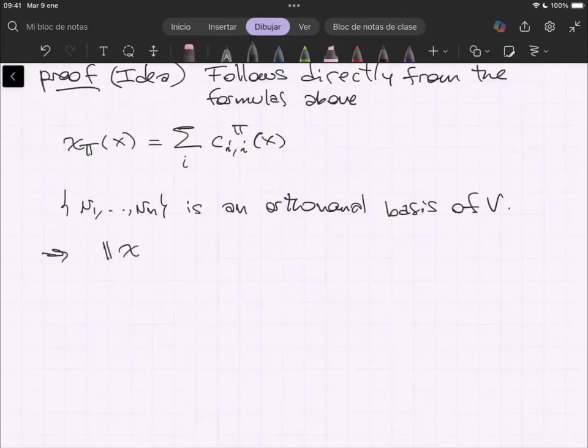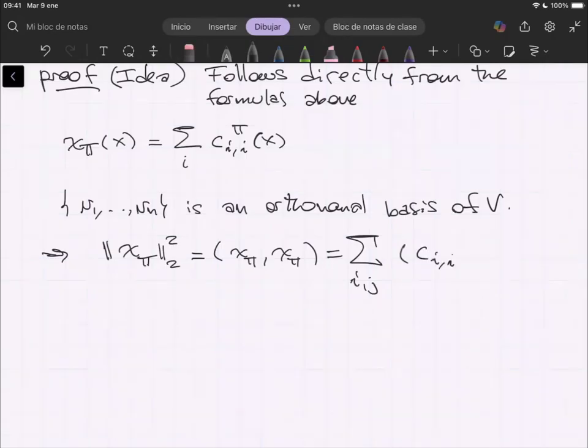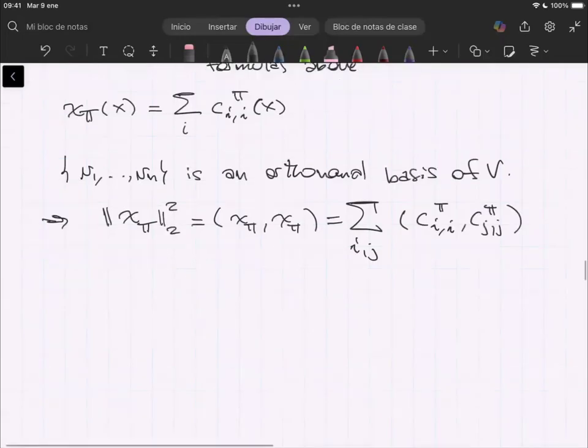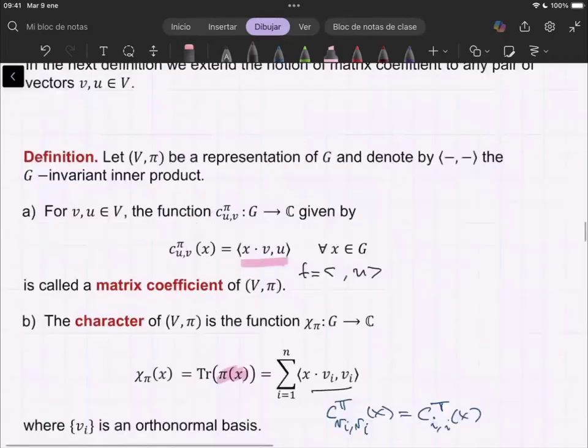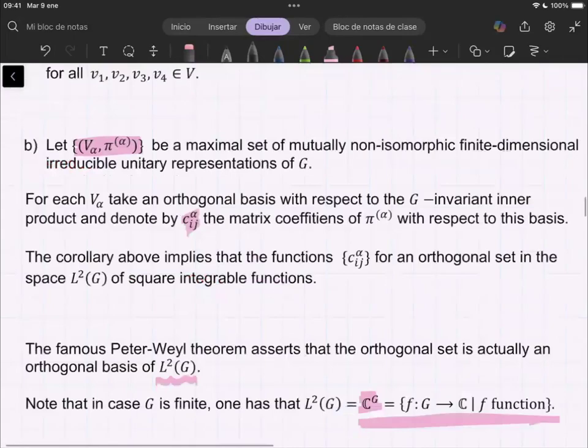So what is the norm 2 of this character? The inner product between these two is just the sum of the inner products between the matrix coefficients. What we saw above, if we go up, so where is it?